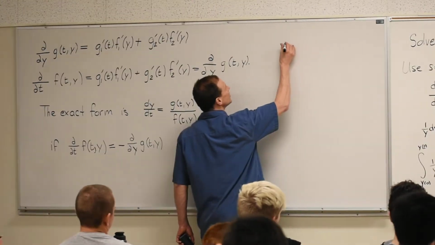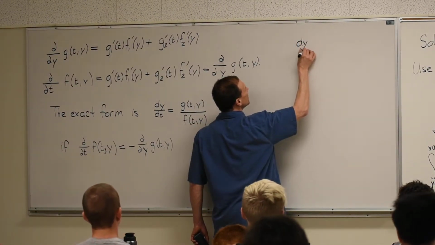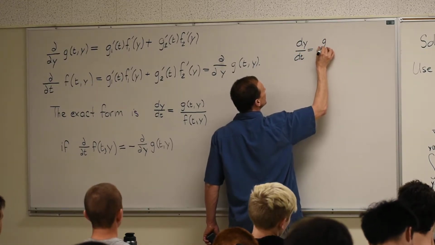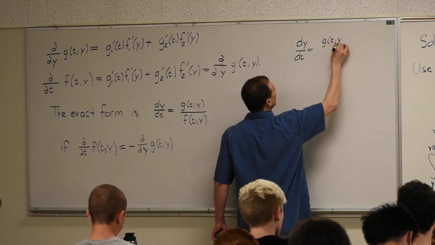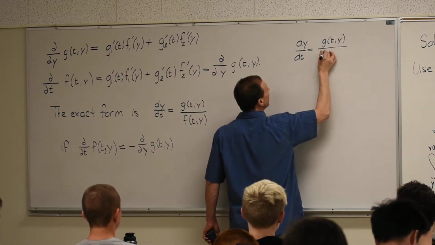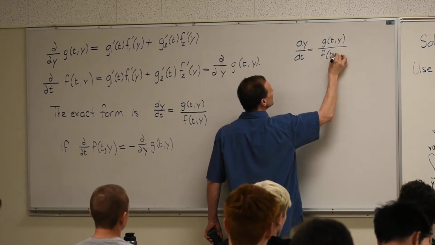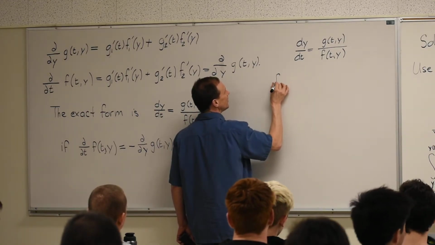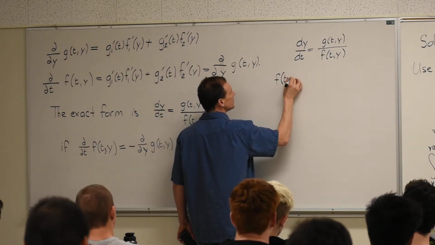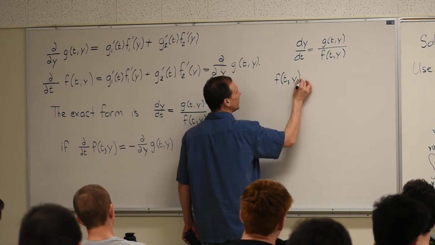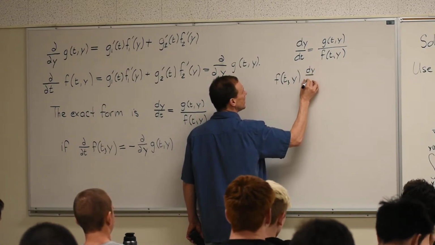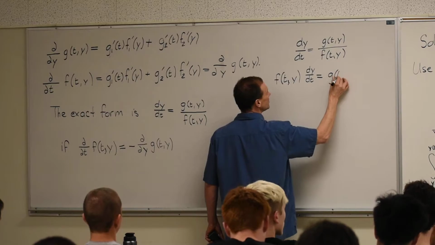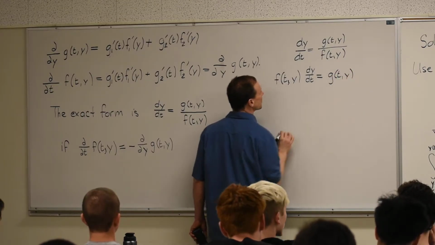So if you start with dy/dt equal to g of t comma y over f of t comma y, you multiply by f, and so you have f of t comma y dy/dt equals g of t comma y.